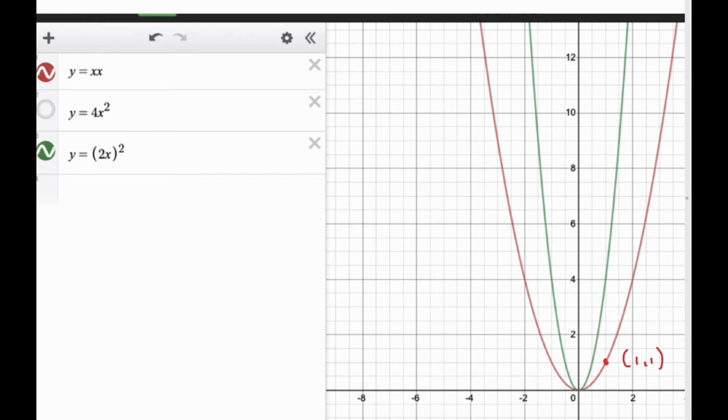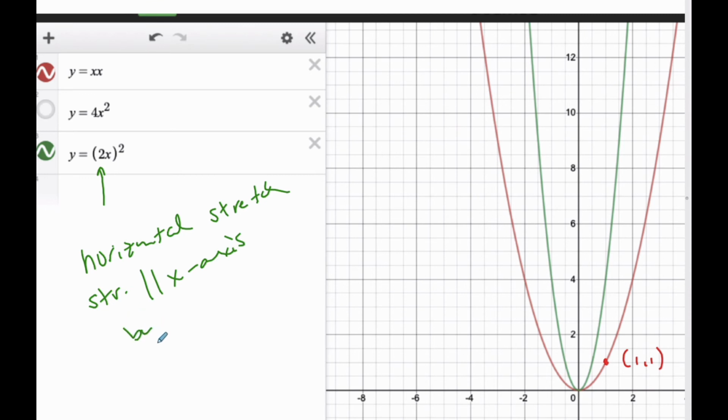Well, when it's inside the function, it means it's going to be a horizontal transformation on the x value, a horizontal stretch, or what we say a stretch parallel to the x-axis by a scale factor of not 2, but of 1/2. And so what happens to this point 1, 1 is that the value 1 becomes 1/2. It becomes this point here, 1/2, 1.